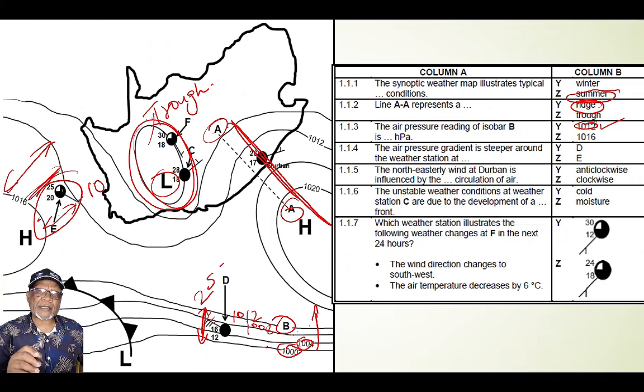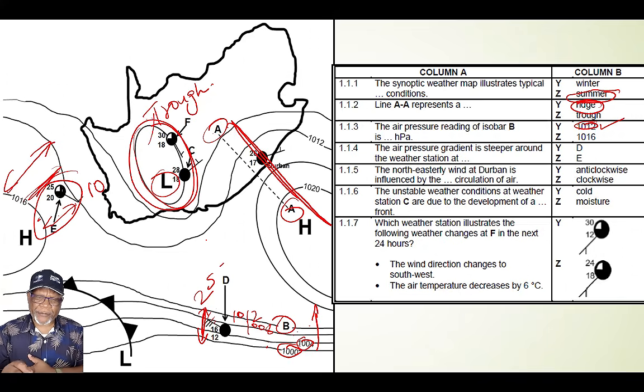And what is influencing that is the distance between isobars. The distance between isobars here makes it a gentle pressure gradient, and here a steeper pressure gradient. And what is the evidence that we see again? You can see the wind speed here is 25 knots, and the wind speed here is only 10 knots.